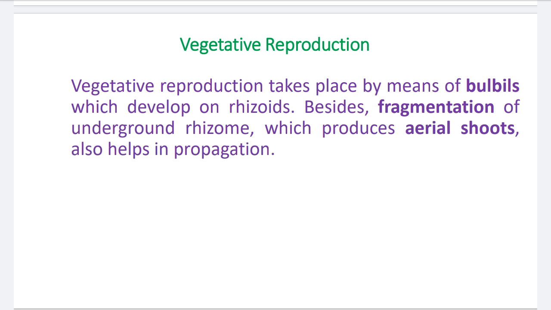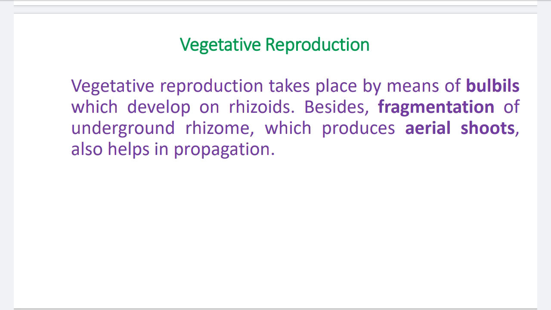Besides bulbils, fragmentation of underground rhizome which produces aerial shoots also helps in propagation. Along with the bulbils, fragmentation also takes place in the Polytrichum, and this fragmentation takes place in the underground rhizome. Fragmentation, you know, is the most common vegetative reproduction in the bryophytes.